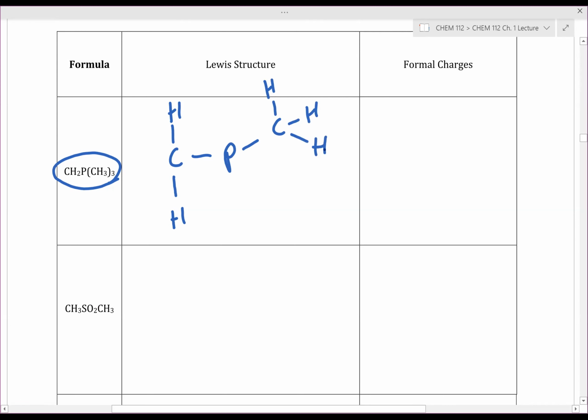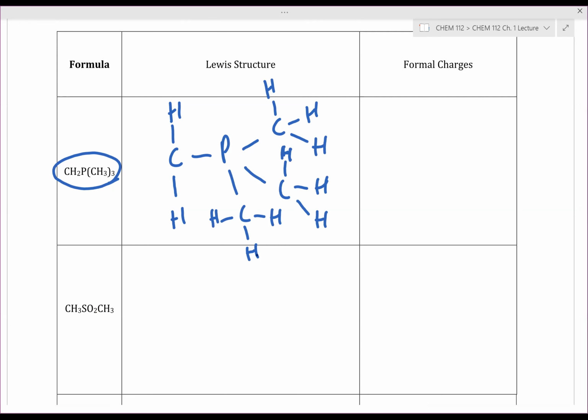Now, looking at this subscript, there's a 3 behind our CH3 group. So how many CH3 groups do we have attached? 3. Yep, exactly right. Perfect. Okay, now we have our skeleton in place.